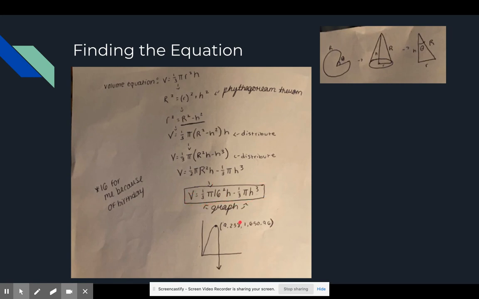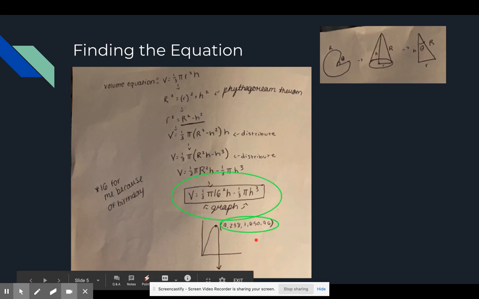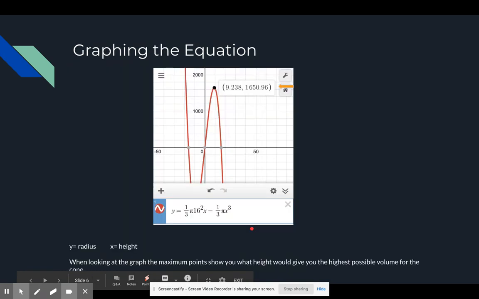Then after this, I graphed this on Desmos, which you will see on the next slide. When I graphed it on Desmos, I got 2 points. Now for these 2 points, x represents your height of the cone, and y represents your maximum volume with this height.